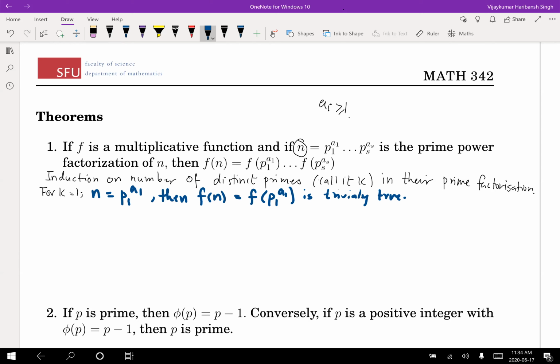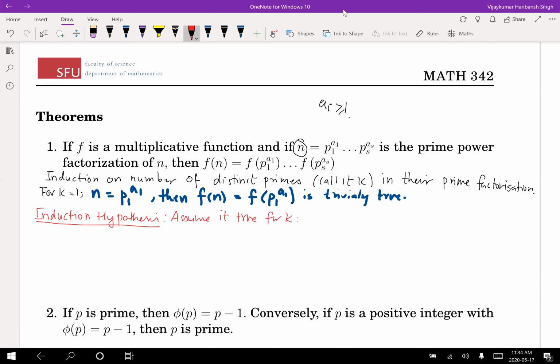Now the induction step. Let's write the induction hypothesis. Assume it is true for k. What does it mean?